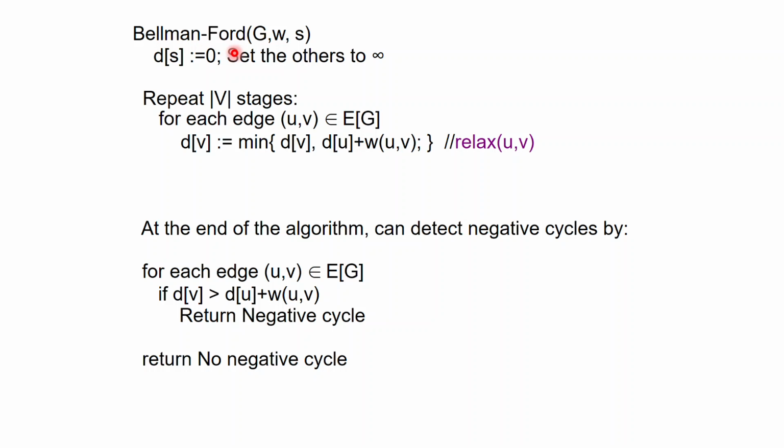Its input is a graph G, a weight function W, and a source node S. At the beginning, we set the distance of S to 0 and all the others to infinity in our array D. And then the algorithm simply repeats a simple operation for a number of stages, which is the number of nodes.